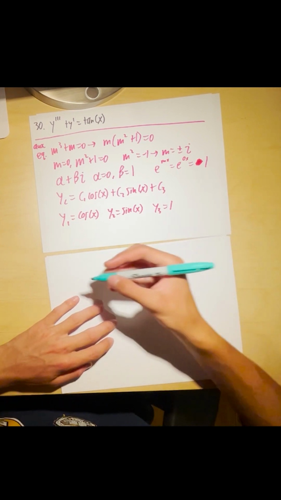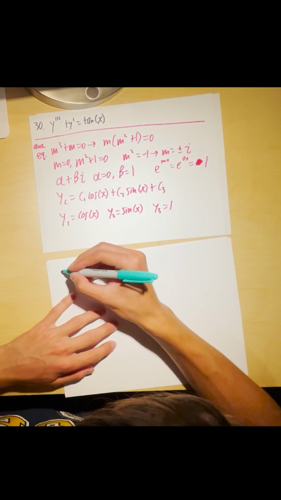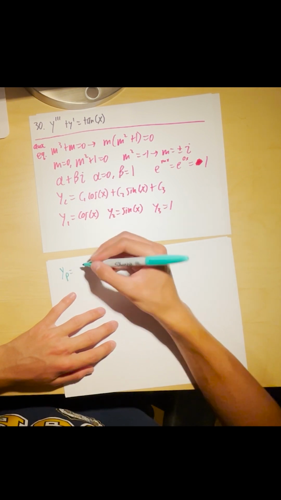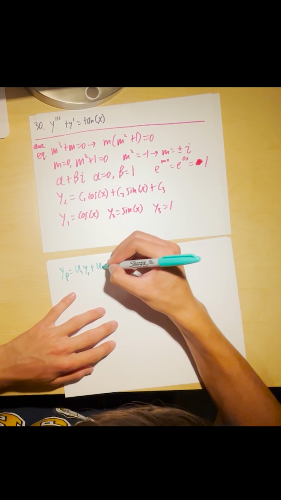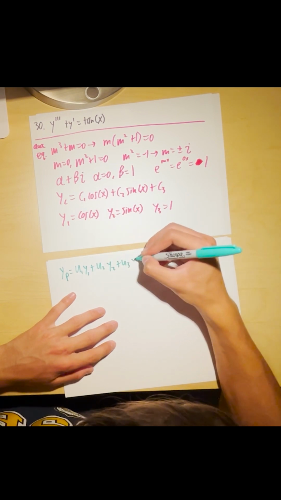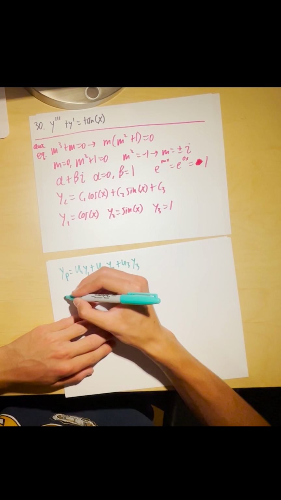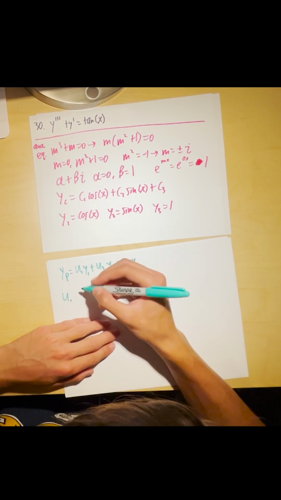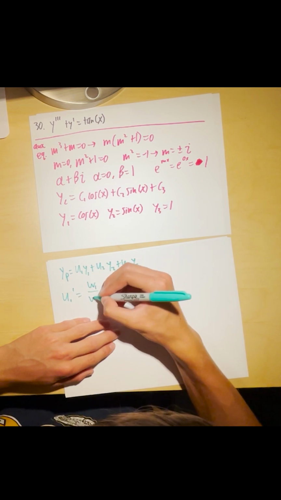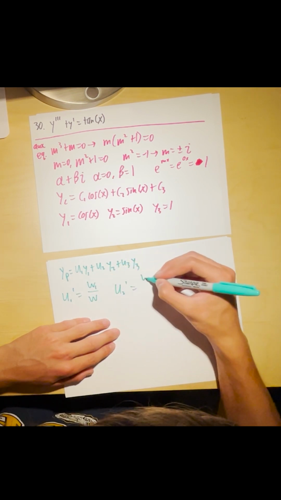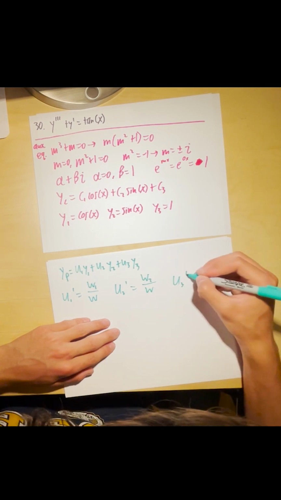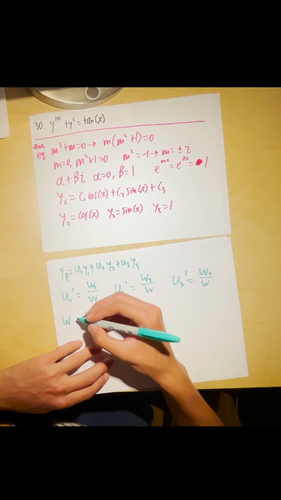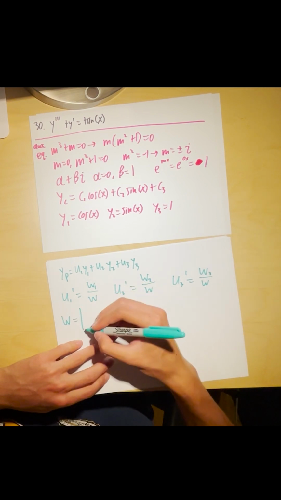So our particular solution is going to look like this: yp equals u1y1 plus u2y2 plus u3y3. And each u term has the form as follows: u1 prime equals W1 over W, u2 prime equals W2 over W, u3 prime equals W3 over W. So we're going to start with just W. This one's going to be a little bigger.